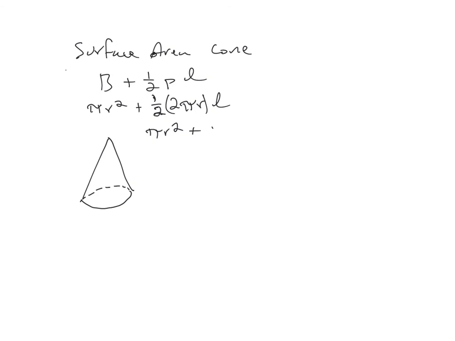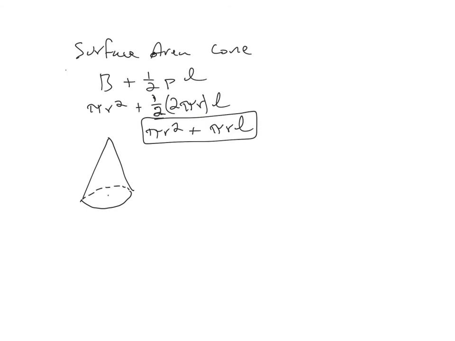So half of 2 is just 1. So when we do surface area of a cone, I'm just going to do pi r squared plus pi r L. The half and the 2 take care of each other. They kind of cancel each other out.